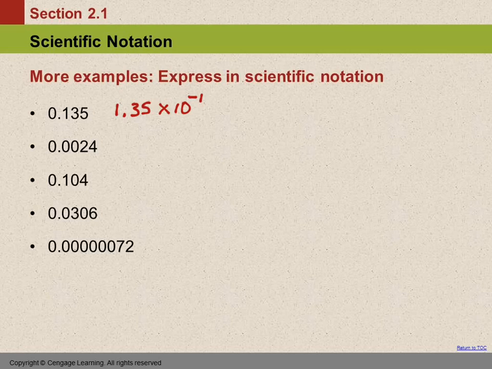But for this number, if you put 0.135 into your calculator and then press that yellow second button and the number 5, which has SCI written above it, then your calculator will display 1.35 and a negative 01 up there. And that's your calculator's kind of shorthand way, baby talk, for what we wrote.